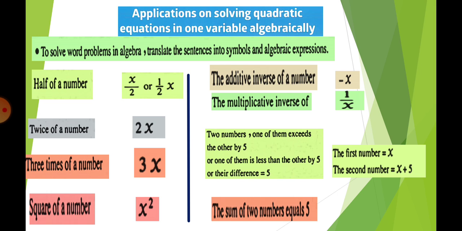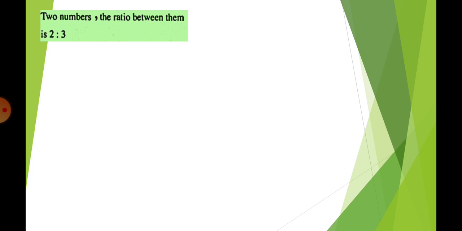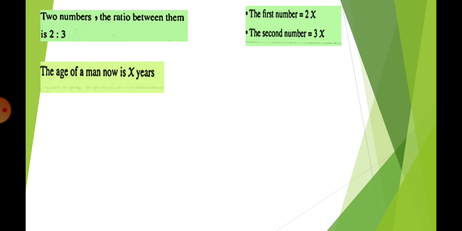The sum of the two numbers equals 5 means the first number is x and the second is 5 minus x. If we have two numbers and the ratio between them is 2 to 3, then the two numbers are 2x and 3x.